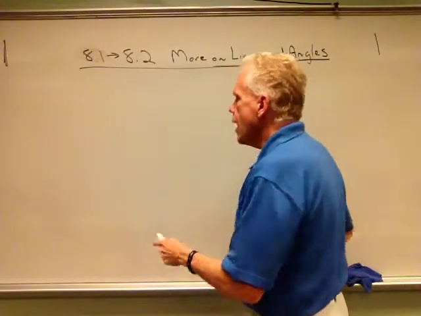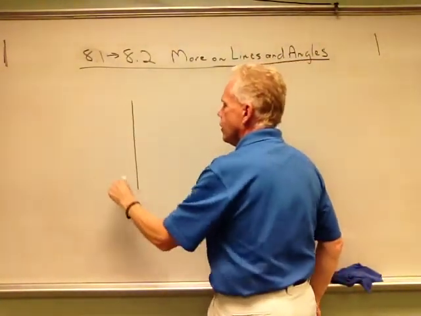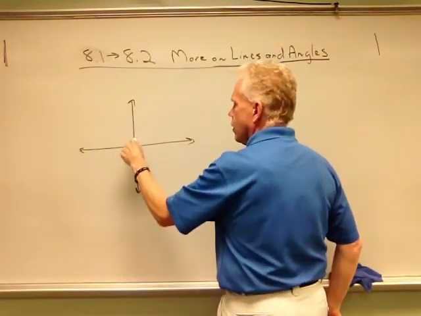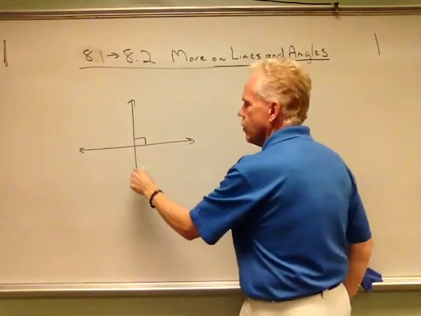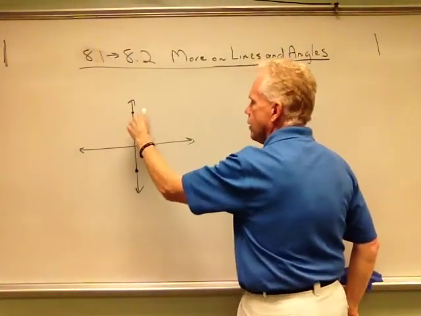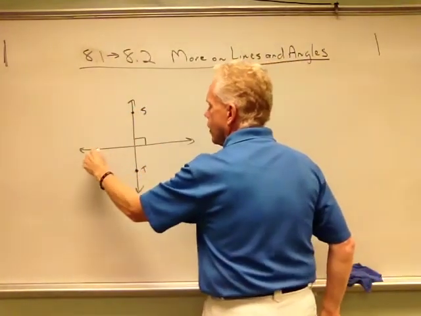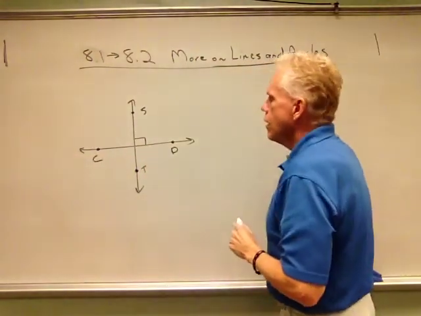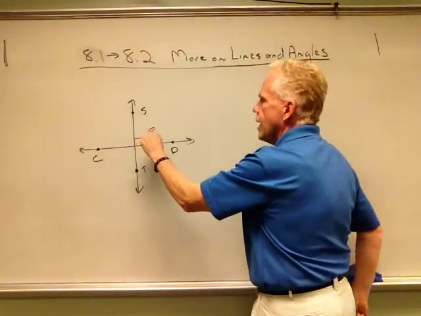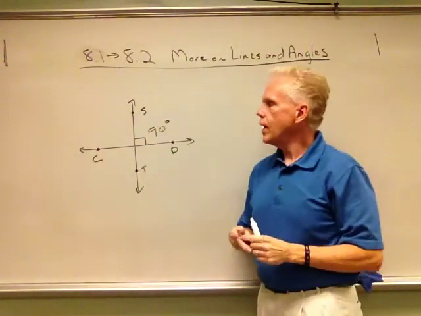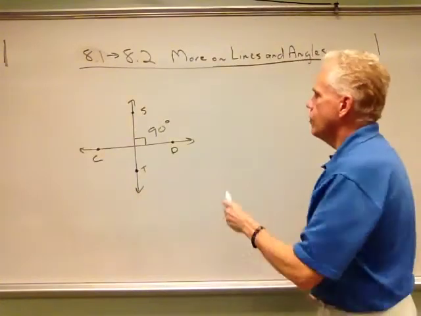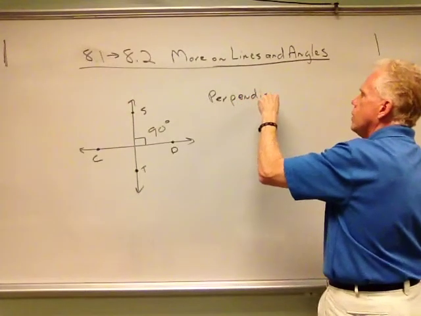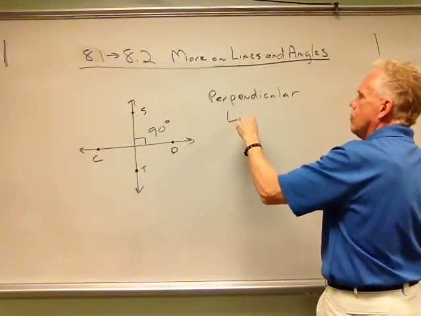Now, if we have two intersecting lines that cross like so at a right angle, let's call this line ST and this line CD. When they cross at this right angle, this 90-degree angle right here, these are known as perpendicular lines.